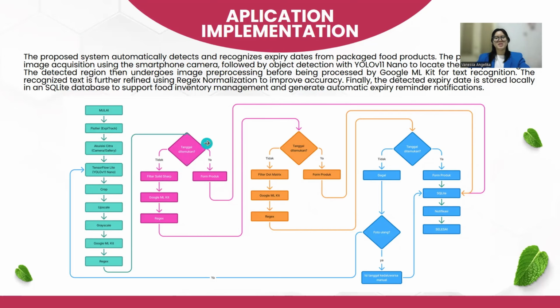So here there are three stages. There are three filters on the camera; if the first filter cannot give an output of the date, the users can use the other filters. The three filters are grayscale, solid sharp, and dot matrix.